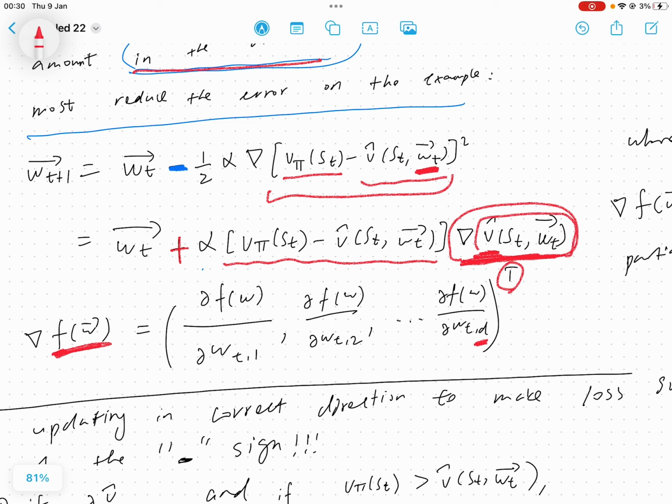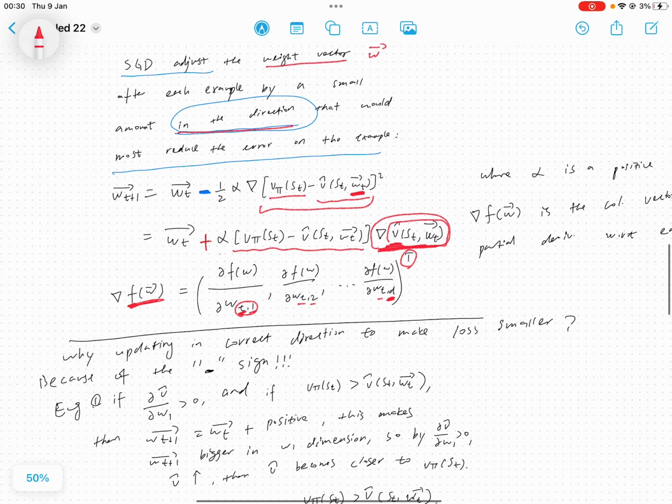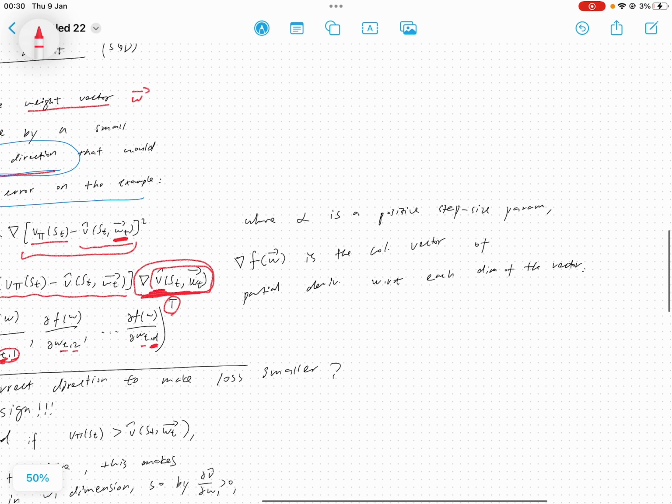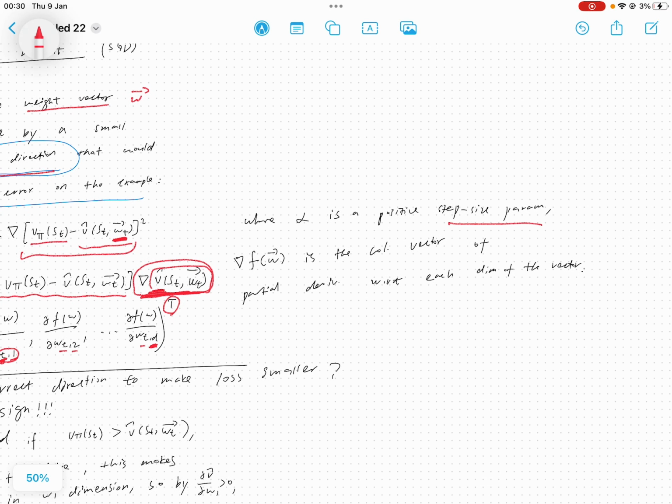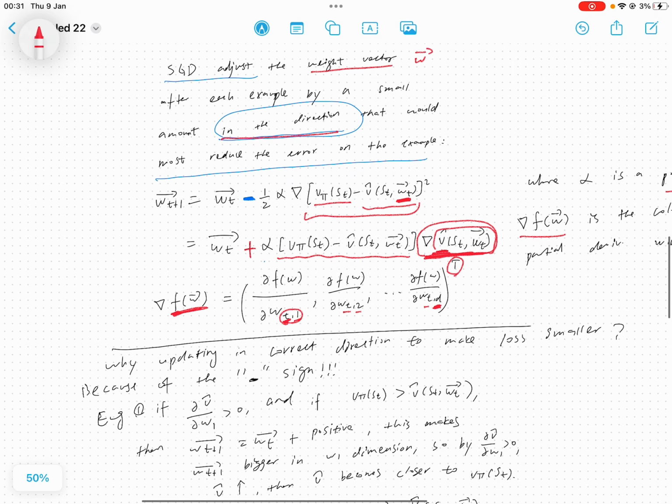So those gradients are taking the partial derivatives of this function with respect to all the w's. Here we have two subscripts, and the first one is the time step t, and then all those d dimensions. Here, alpha is the step size parameter, which is positive, and this is just the column vector of the derivatives. That's called the gradient.